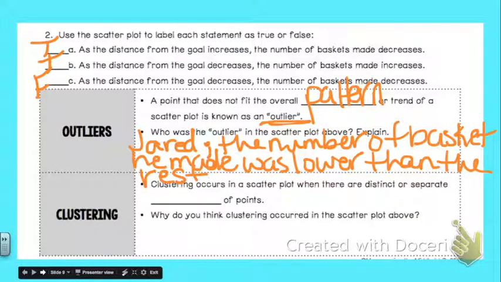As you could see, it looks like there were 4 other players that stood similar distances and scored a lot more baskets than he did. So Jared would be your outlier.